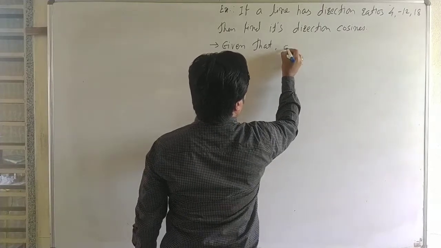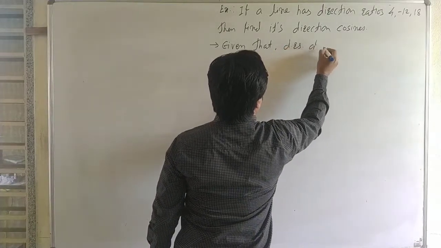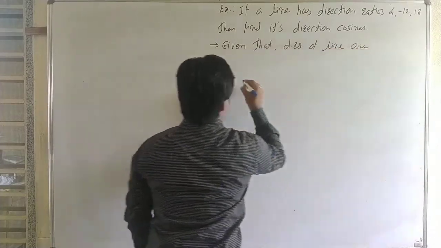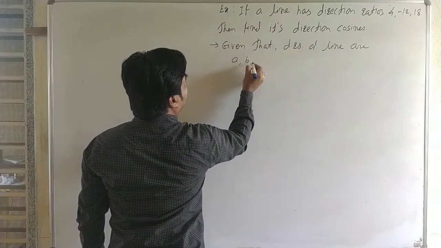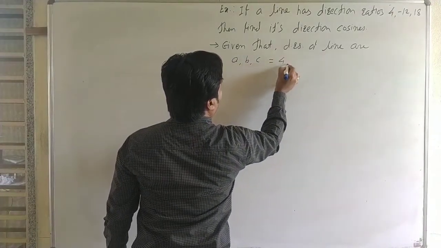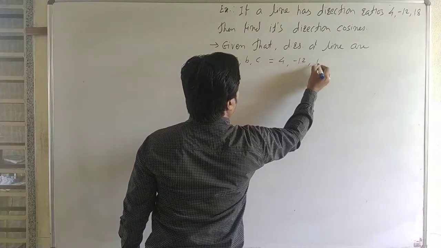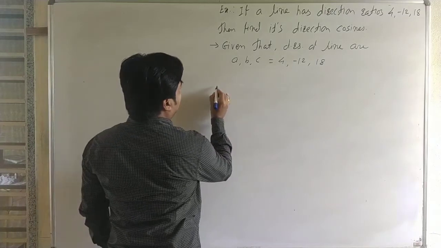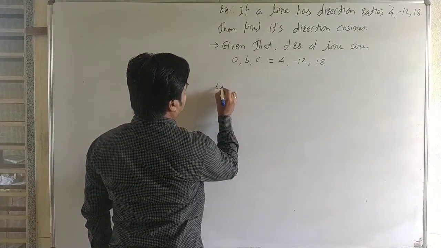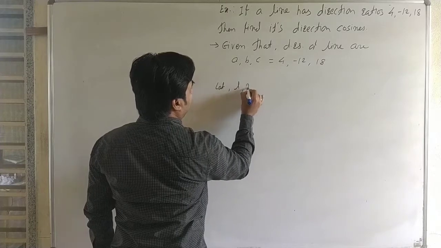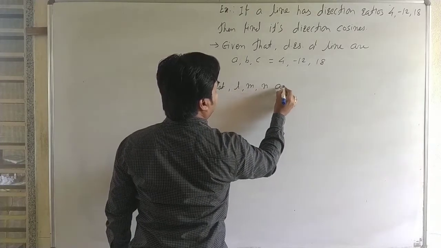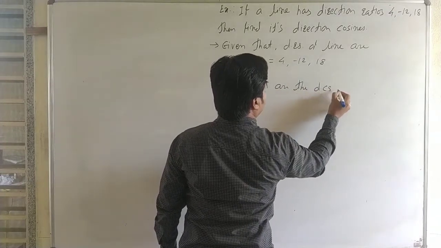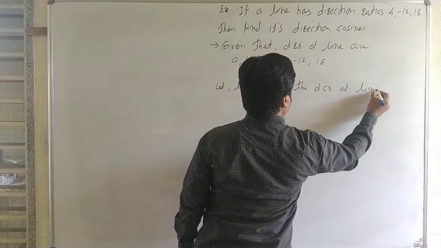Given that the direction ratios of the line are A, B and C is equal to 4, minus 12 and 18. Here L, M and N are the direction cosines of the line.